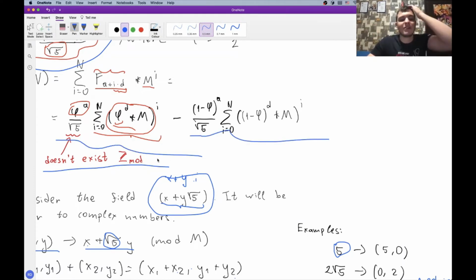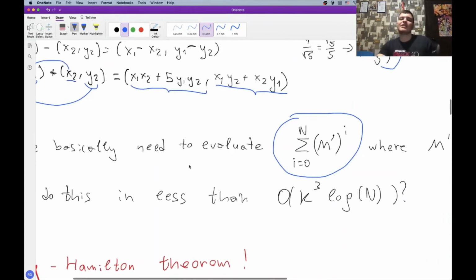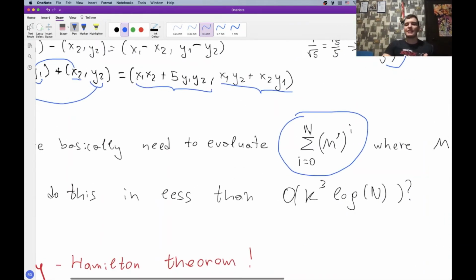We just multiply our complexity by a constant of 2, and we do this separately. As phi to the power of d was constant, our task is simply to calculate the sum of the geometric progression with this new matrix, which is M prime.